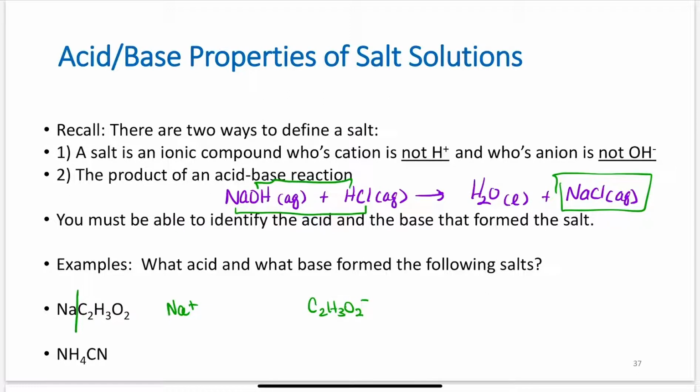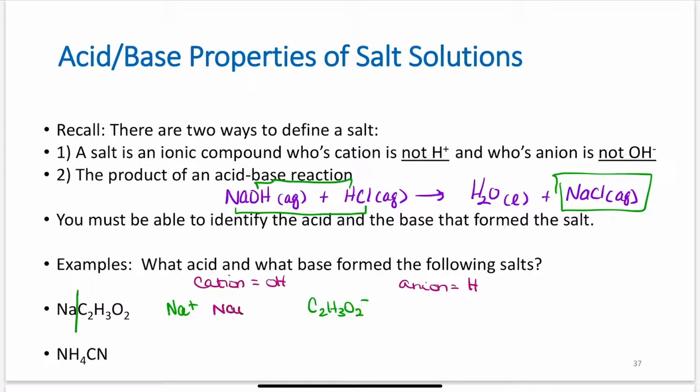Sodium plus, now I'm going to think about what acid and base formed this. The kind of trick here is thinking about adding protons. If you've got a cation, try to add hydroxide. If you've got an anion, try to add a proton.